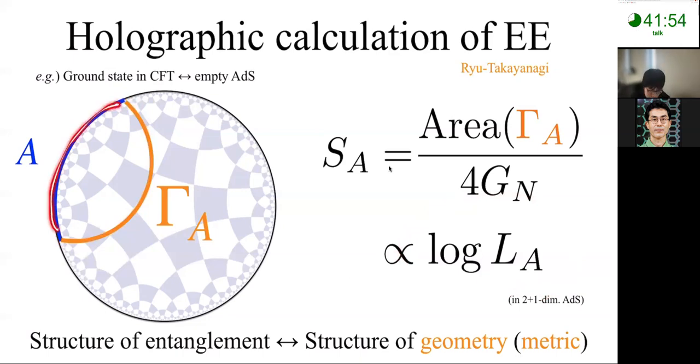Okay, and so in this way, we actually have a very similar structure of entanglement for tensor networks and also quantum gravity in AdS. And in the case of gravity, we have an interesting relation between the structure of the entanglement, since I'm computing the entanglement entropy, and the structure of the geometry, since we compute it from some geometrical object determined by the geometry or metric.